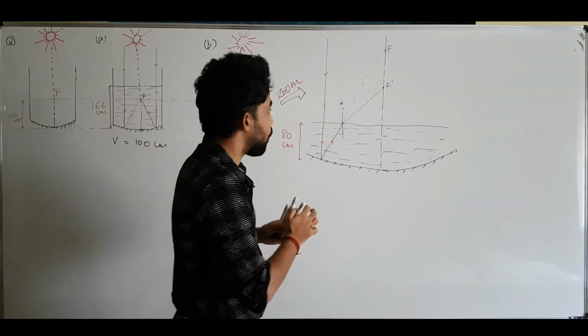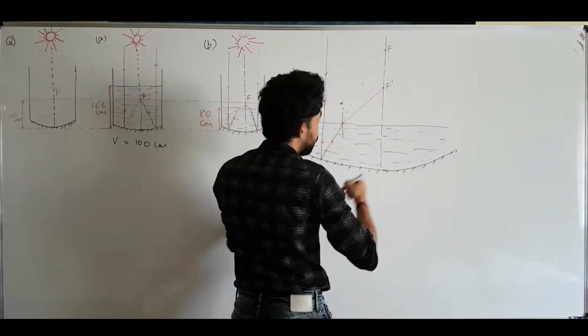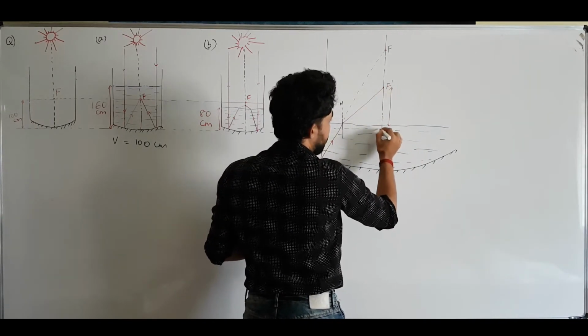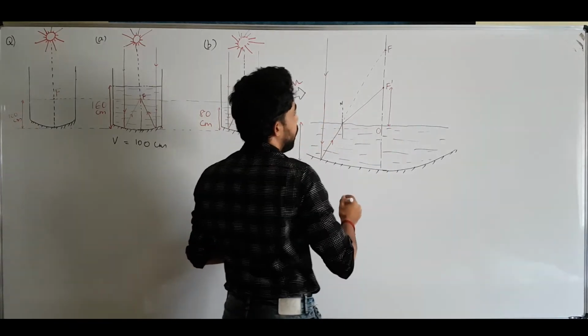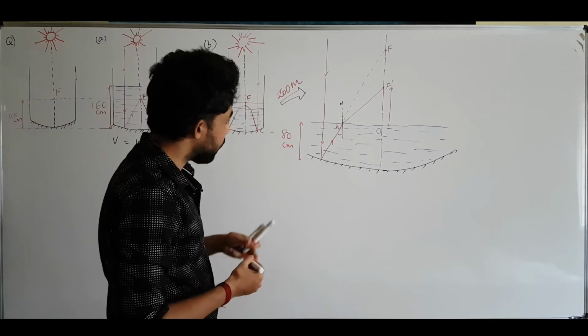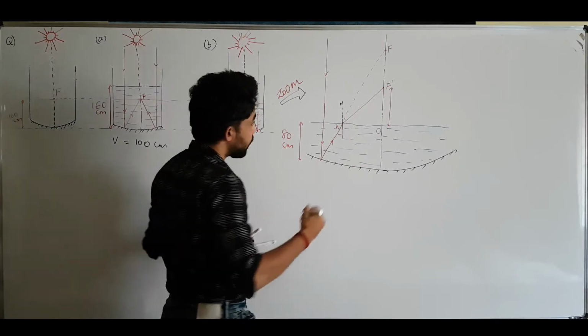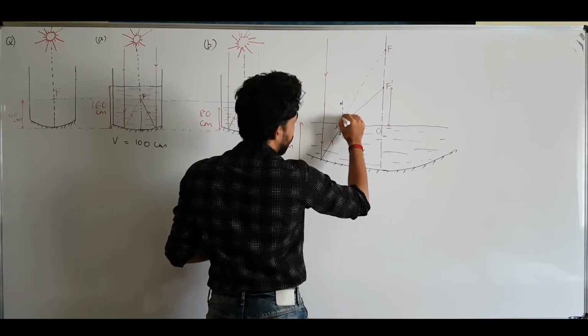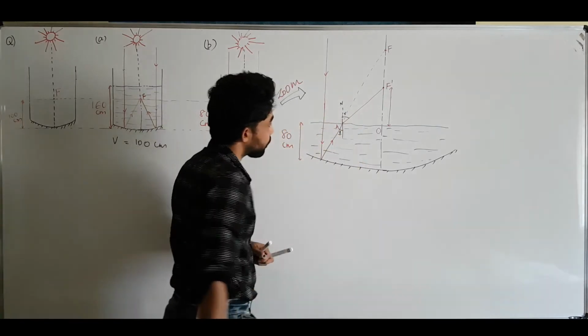Now we need to know what is this distance. Let me call this point as O, and let me call this point as A. Now here in this figure we know that this is angle of incidence, and this will be angle of refraction.